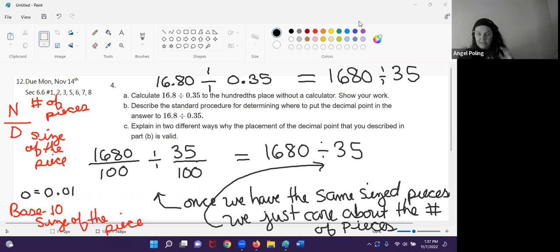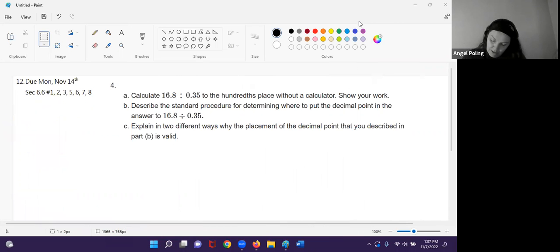The pieces are the same size, and so all you care about is the number of pieces at that point. So let me clear this one out for a second. Your homework is whole numbers. No, that was whole numbers too, but like, let's do a different value, like a 5/8 divided by 3/8, right?